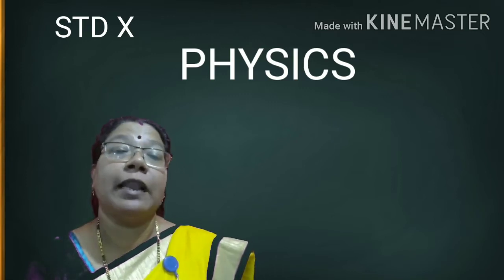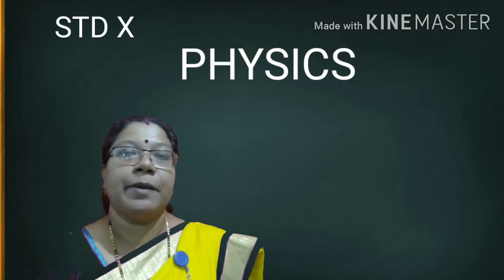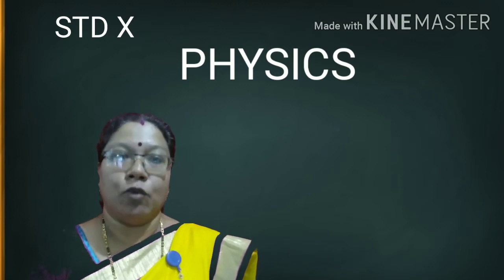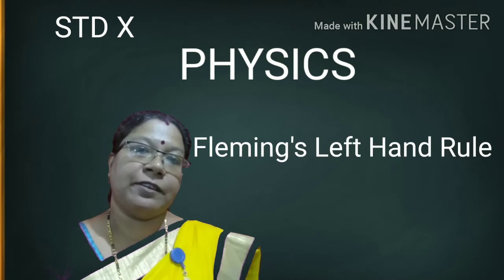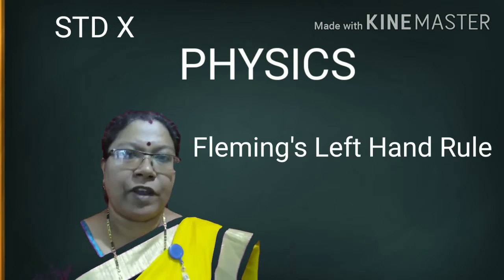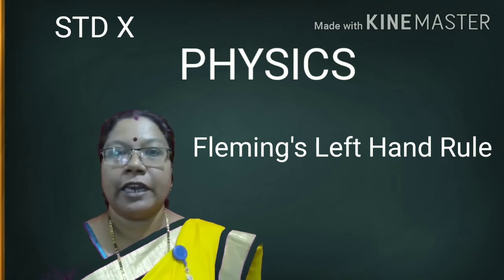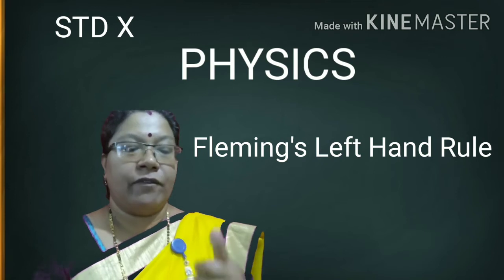Now there is another rule which helps us to determine the direction in which the conductor moves, and that rule is known as Fleming's left hand rule. As we already studied the right hand rule, here we are using the left hand. How do we use this left hand?